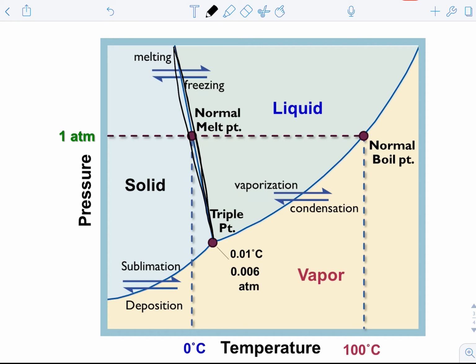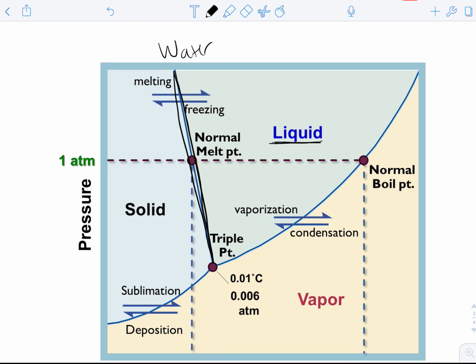So I want you guys to think about that for a second. Why would having an increased pressure give us a higher likelihood of being in a liquid for water? And water specifically. There are probably other things that do this, reverse slope, but not very many. Okay, so as you guys may recall, or hopefully do, the liquid phase of water is a more condensed phase.